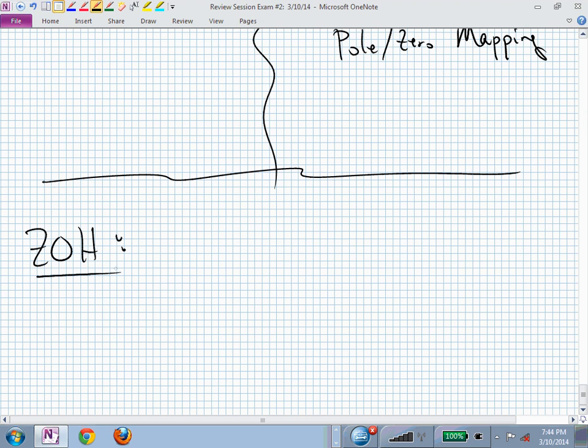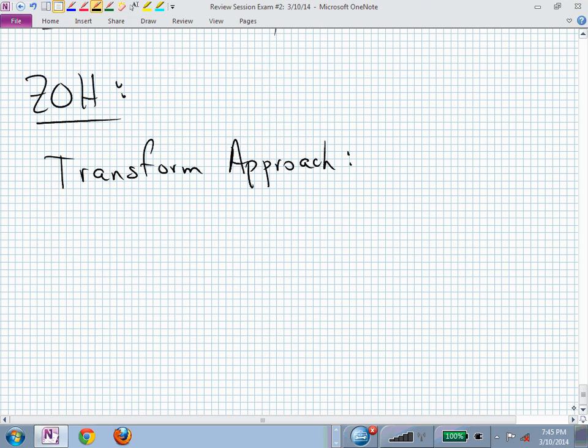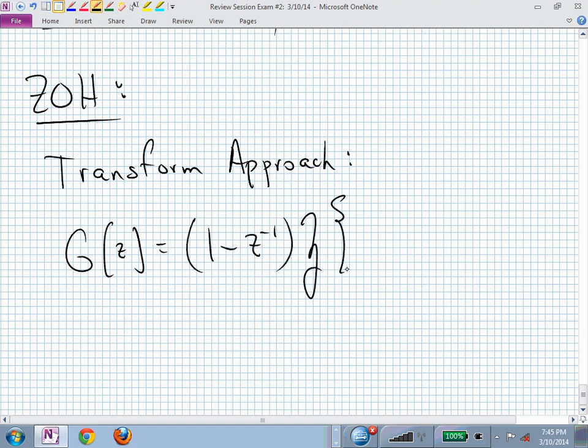Zero order holds, if we do the transform approach, that means that if we wanted the zero order hold equivalent, G of z is now 1 minus z inverse, times the z transform of the original G of s divided by s.